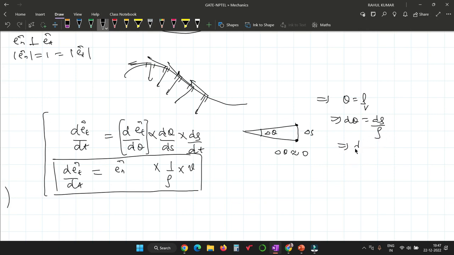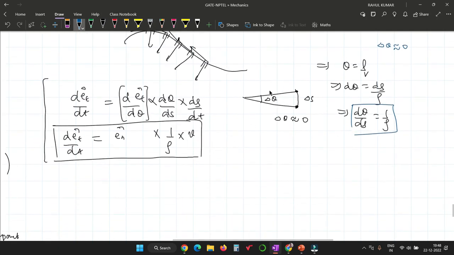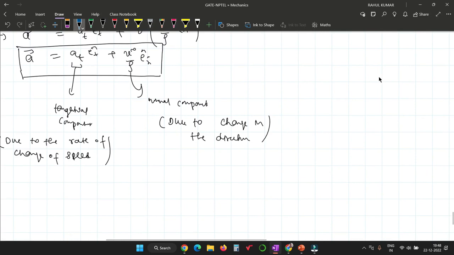So d theta by ds equals 1 by rho when delta theta is approaching 0. So in place of d theta by ds, I'm writing 1 by rho. It is the radius of curvature, this curvature. Okay, so now let's move to the radial and transverse component.